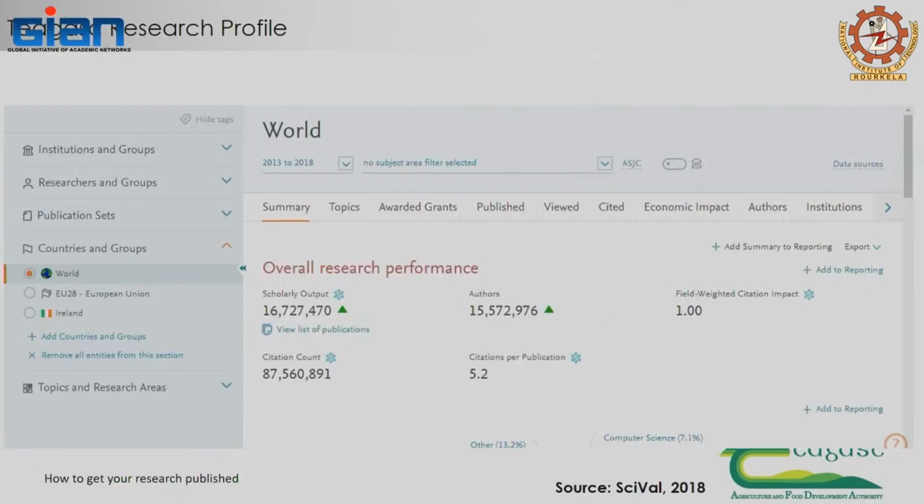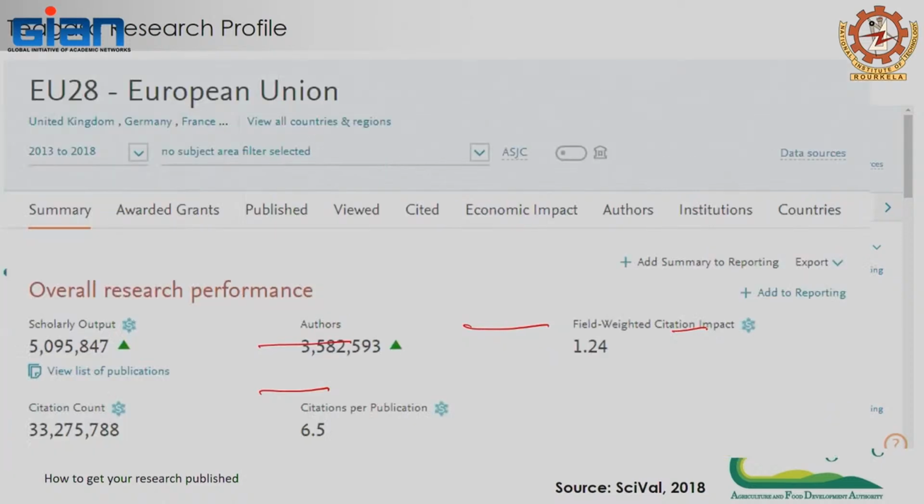So now this is actually what I was talking about, field weighted citation impact. If you see here, total research output, this is old data, citation count, number of authors, and field weighted citation impact has been calculated.